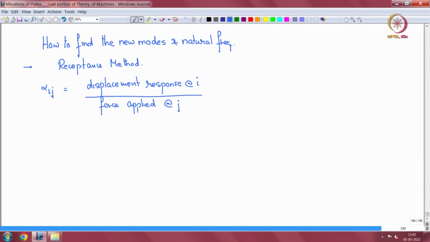And this force is harmonic. These are defined at single frequencies.